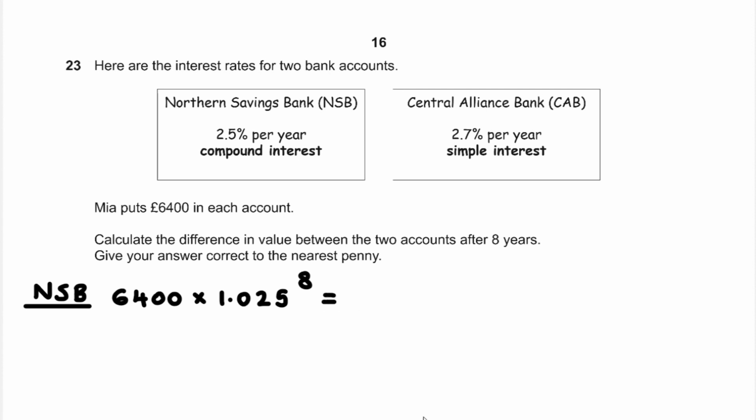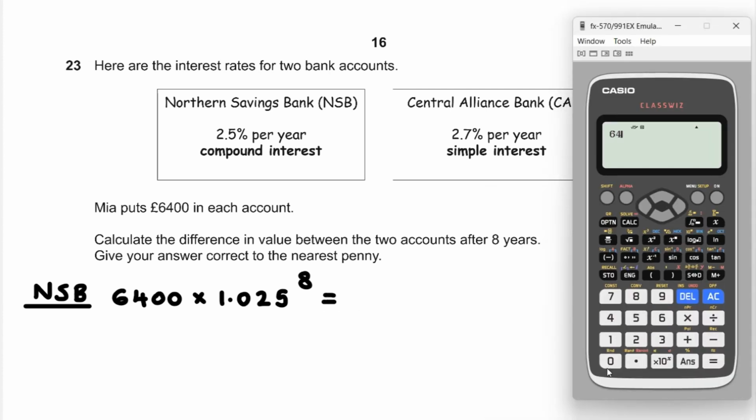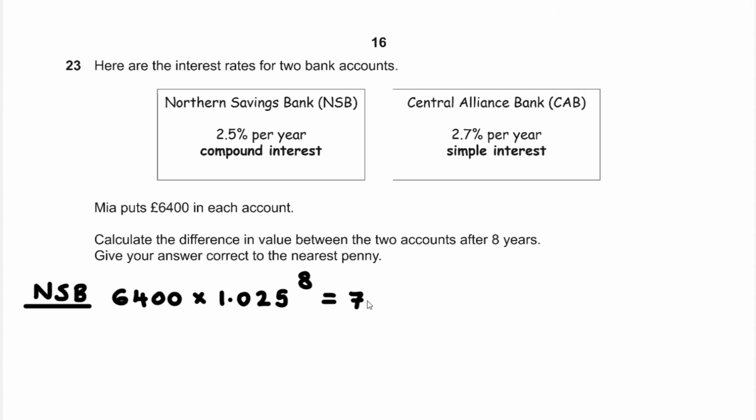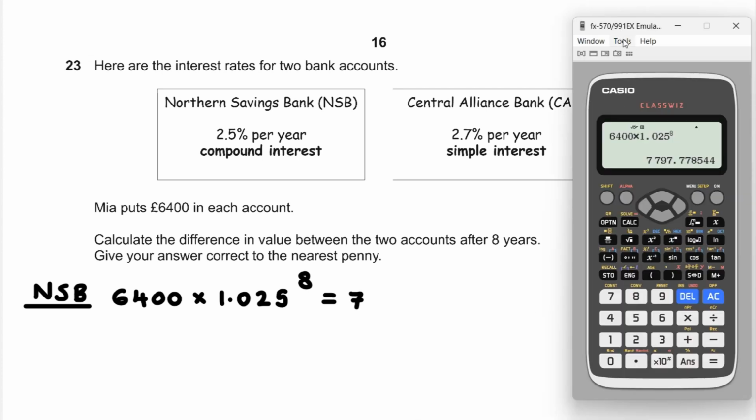So if I work out what this is equal to, we have 7,797.78. Let's take a look at Central Alliance Bank.